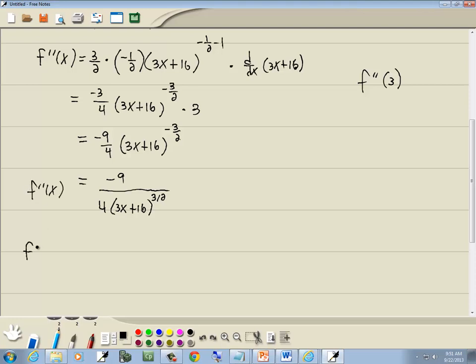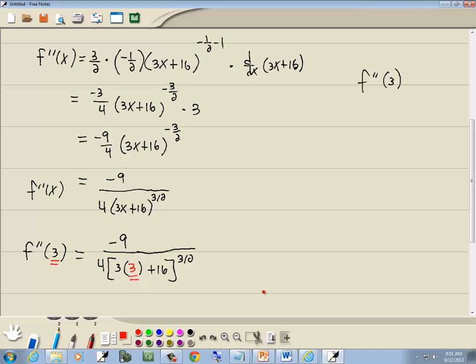Well, we now want to plug in 3 for the x. So everything remains the same. I'm going to make these brackets just so I can separate them. And where our x was, we put in parentheses. And again, evaluating a function is whatever number's inside your parentheses here is automatically what you put in right here.